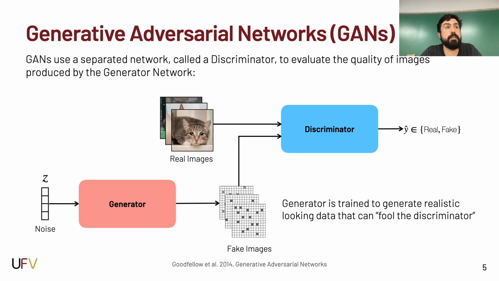From this noise we're going to produce images, and then we're going to train these two networks. These images are going to go through the discriminator together with the real images, and then we're going to do this kind of game-type training to, over time, get the generator to produce realistic images.